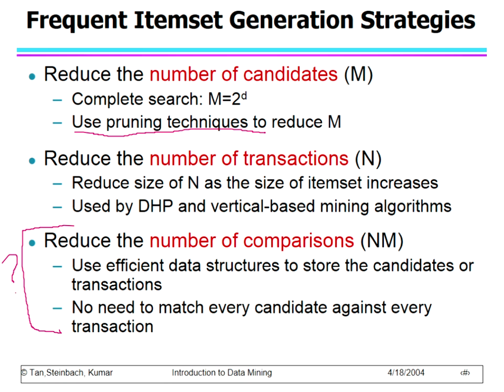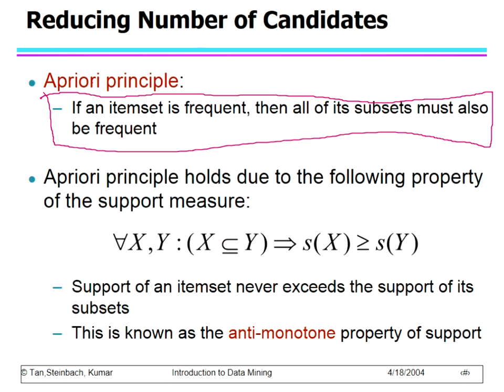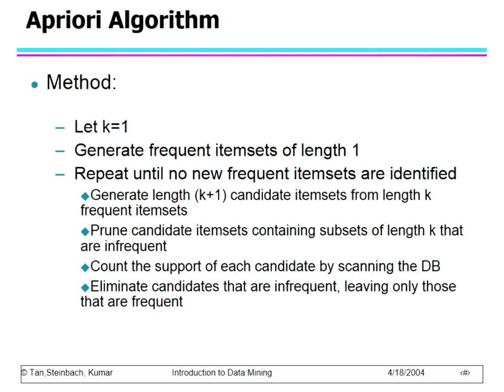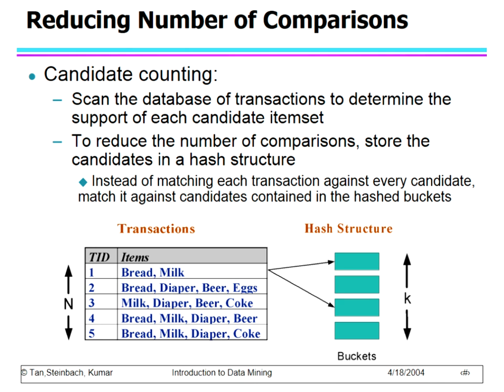So let's see together how we can reduce the number of comparisons. Candidate counting: scan the database of transactions to determine the support of each candidate item set. To reduce the number of comparisons, we can store the candidates in a hash structure.